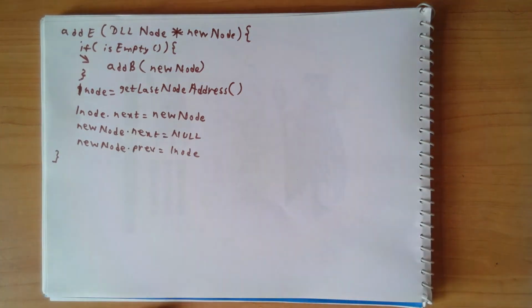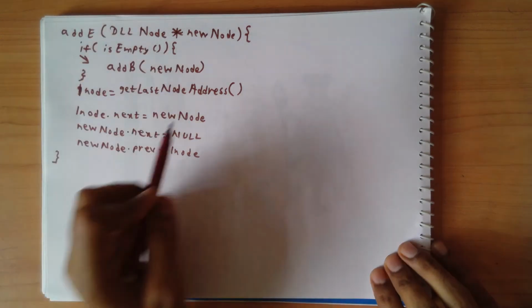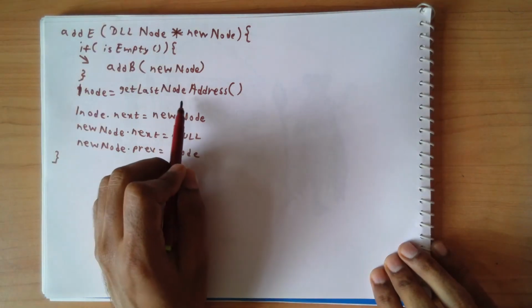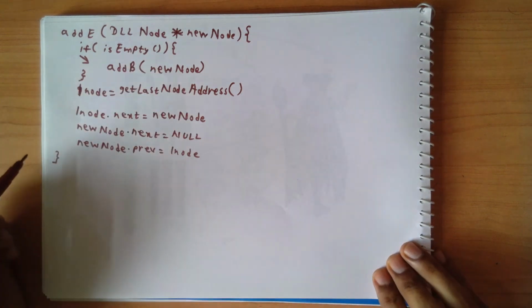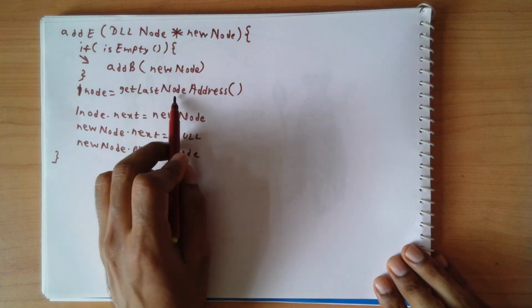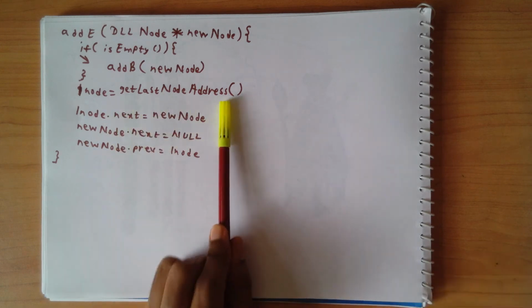So the time complexity of this operation depends upon the time complexity of getLastNodeAddress. Everything else is constant time. If we are getting the last node address by traversing our doubly linked list, then the time complexity of this function is theta n, because you have to go through every element of the list.